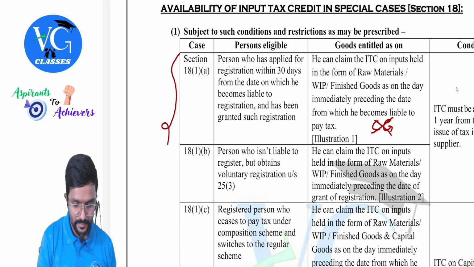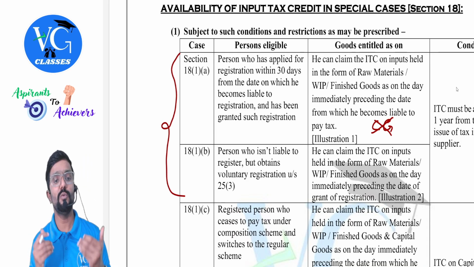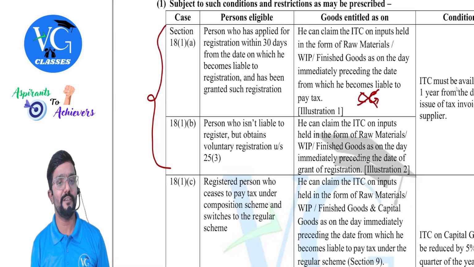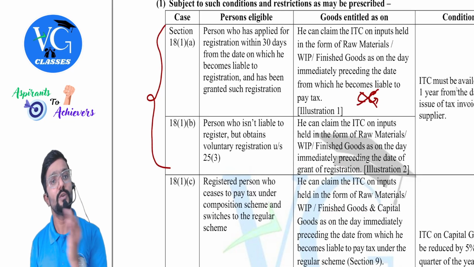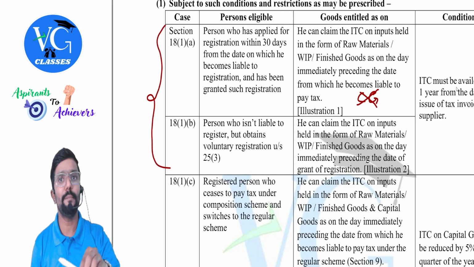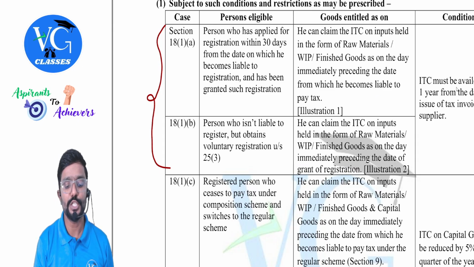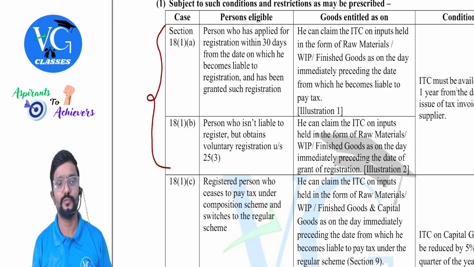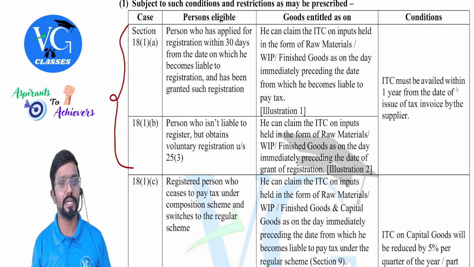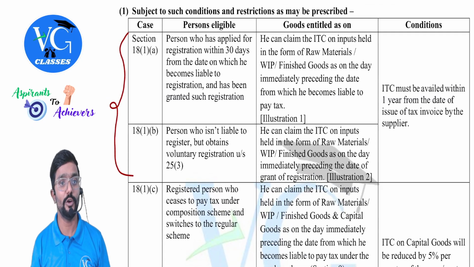For both 18.1a and 18.1b, put a flower bracket and write capital goods not covered. Or if you want, better use full forms, or else later you will not understand what is CG. You will think central government. Capital goods not covered. Understood?